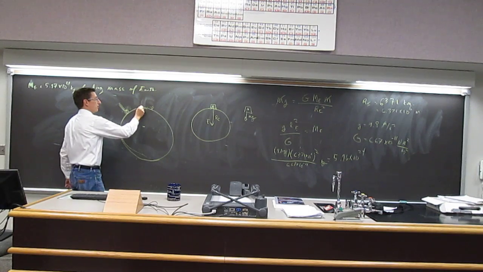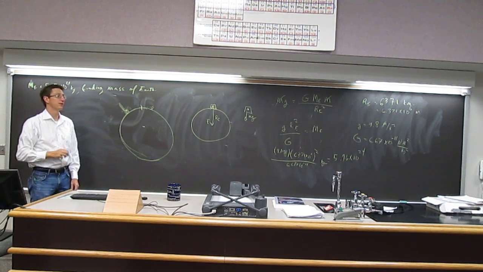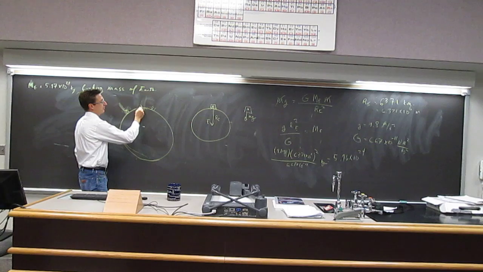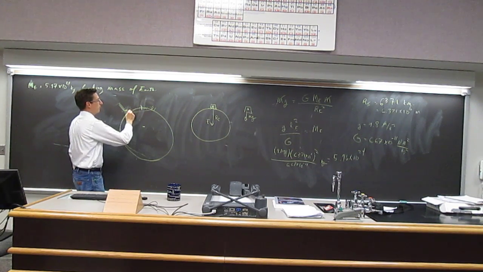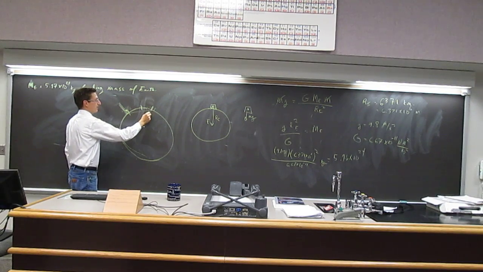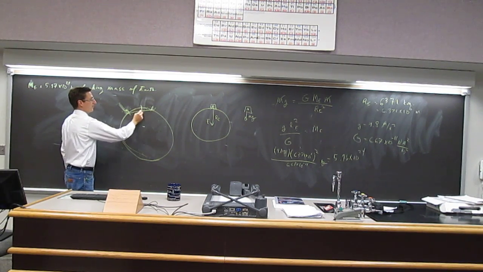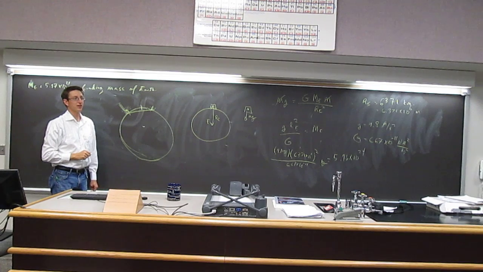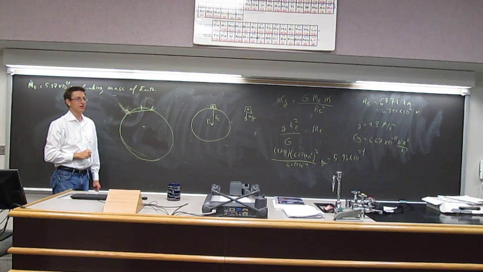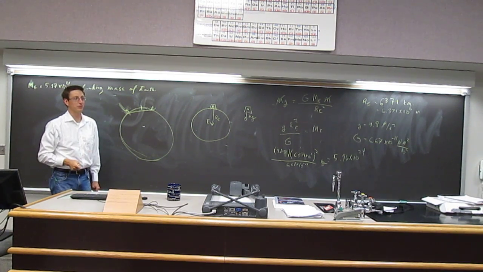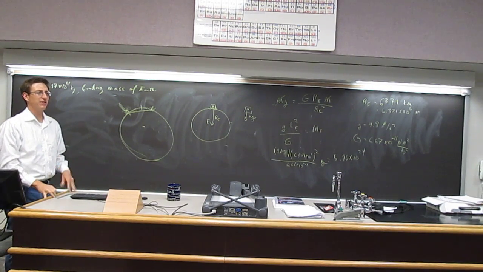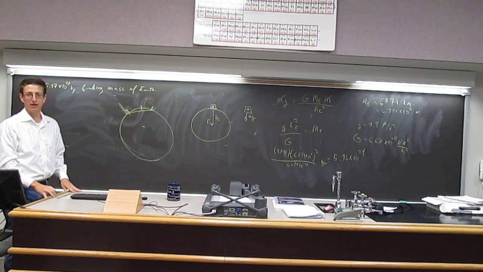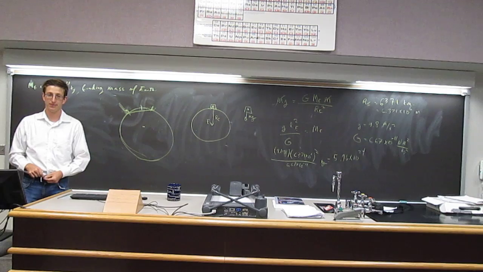This is the place where the horizon is. By knowing how far away the horizon is, if you know this distance and this distance and this distance, that turns out to be sufficient to give you the radius of the Earth. That's a geometry problem. We won't do that here. But that's how they were able to do all of this and get the mass of the Earth.